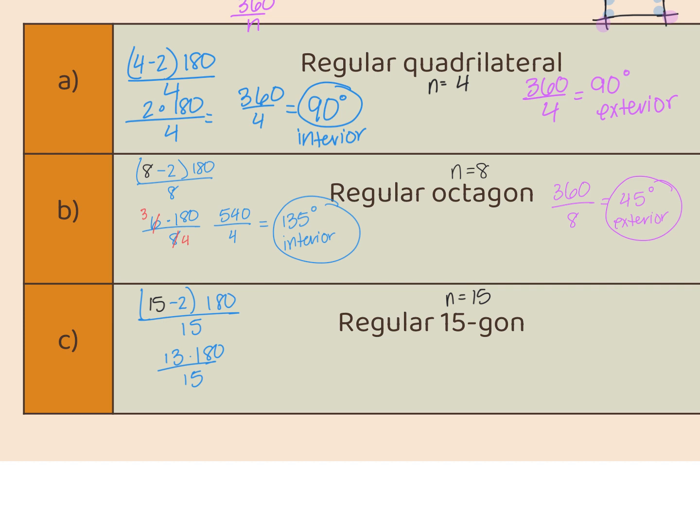I can cross simplify my 180 and my 15. That's going to give me 12 and 1. So again, smaller numbers, I'm able to work with it a little better. And just multiplying straight across, I'm going to get 156 degrees. And again, that's for my interior.